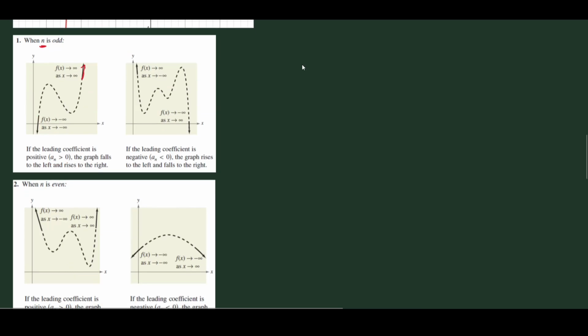So there are also other situations. For example, if n is odd and a_n is less than 0, the graph behaves like this one. And when n is even and a is greater than 0, as you can see here, as x approaches negative infinity, f of x increases, so it goes to positive infinity, and as x goes to positive infinity, f of x also goes to positive infinity.